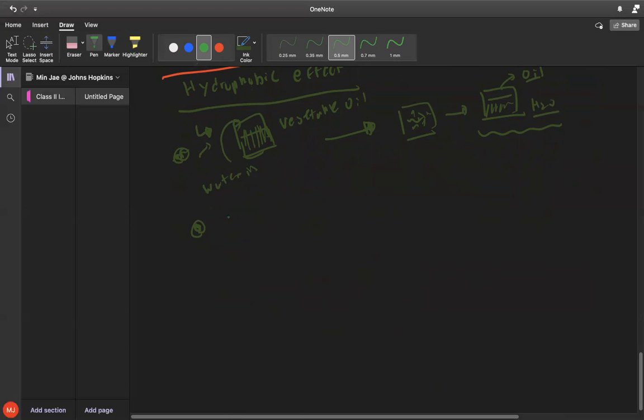So, for example, we have this water tank.